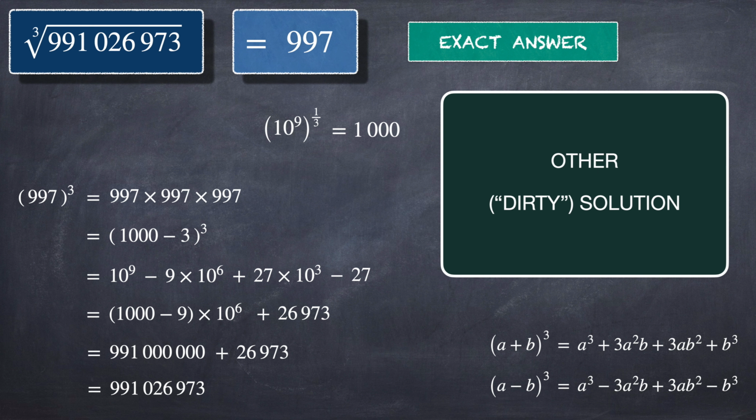Okay, but there is another way to solve this problem. Let's see. You can work through these steps backwards, in reverse mode. Usually, when you are dealing with a cube root, you may guess that the number inside is the cube of an integer, because the third power will cancel out with the cubic root, and then the remaining term will be the integer that you are looking for.